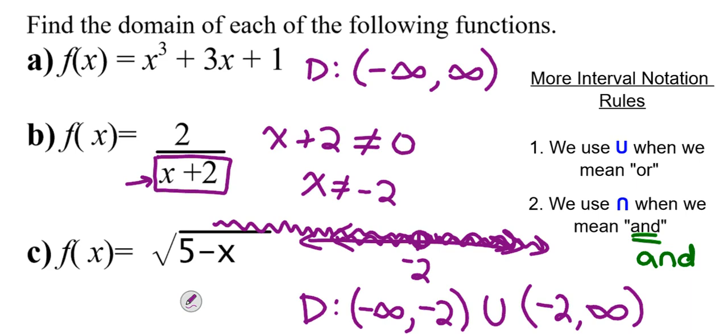Because even though the domain isn't including -2, it certainly is including -1.999999, right? It's placeholder, and it is including -2.0000001. So once again, x can only be in one or the other of these groups. Either x is from -infinity to -2, not including either -infinity or -2, or x can be found in -2 to infinity. So there we go.